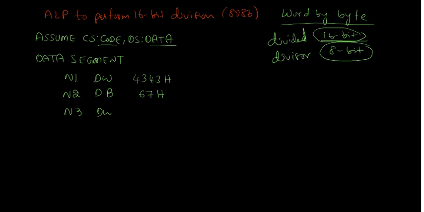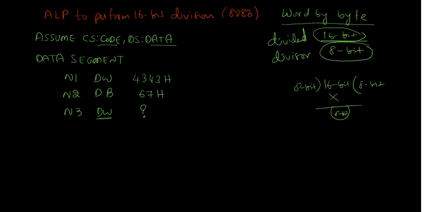The result size is word, always you will be getting 16-bit, and the result as of now is initialized with question mark. And why do you require this word size to store the result? Because when you divide the 16-bit with 8-bit, the possibility of quotient is 8-bit, and the remainder is also 8-bit, the maximum possibility I am considering.